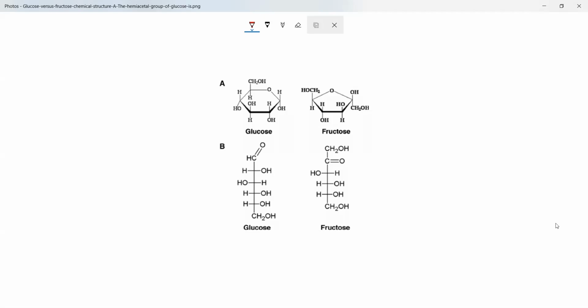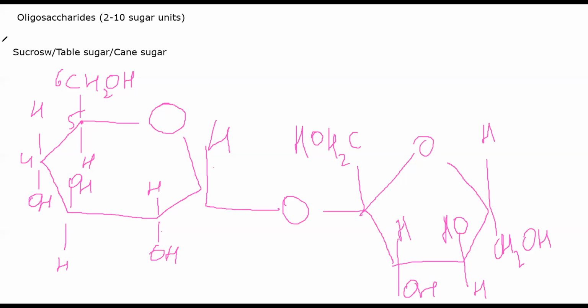All right. Now coming back to this thing. So this will be your alpha D glucose. So here you have your alpha D glucose and this will be your beta fructose. Don't get too into details of what is beta and alpha.